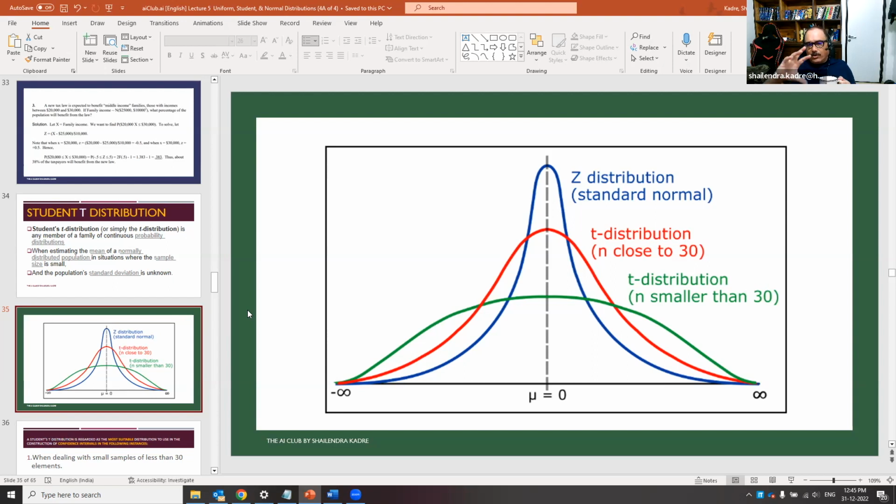Understood? So now you have got a feel for the t distribution and how it looks. When n is much less than 30, it is the green curve; n equal to 30 is the red curve; and standard normal means n is much greater than 30, maybe 40, 50. So when we increase the sample size to 30 or beyond, a t distribution becomes a normal distribution.